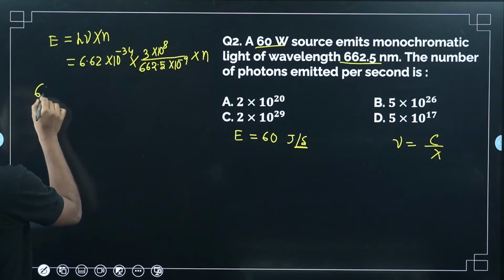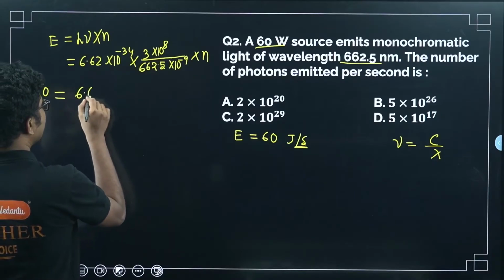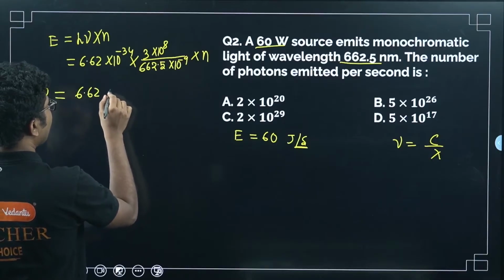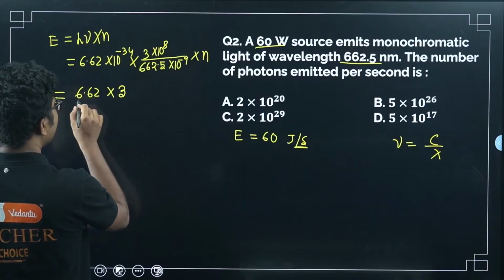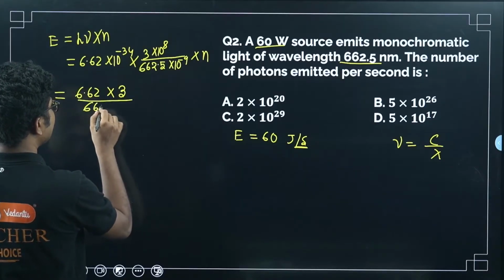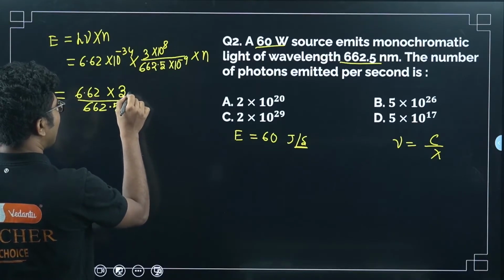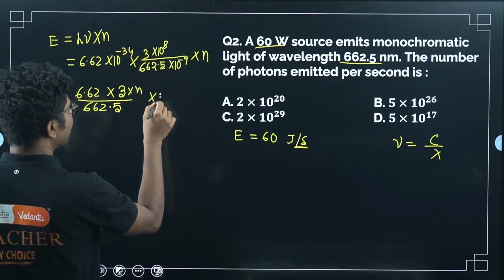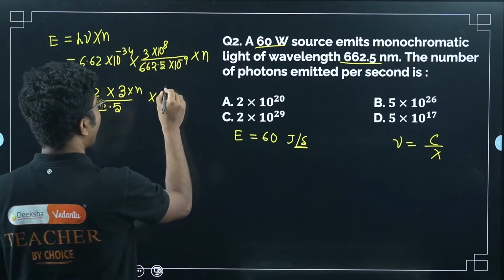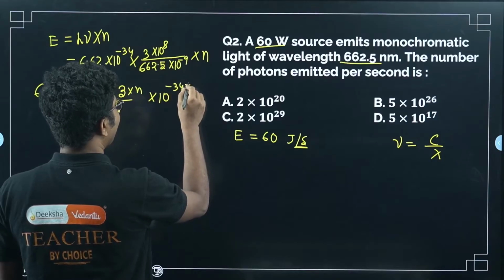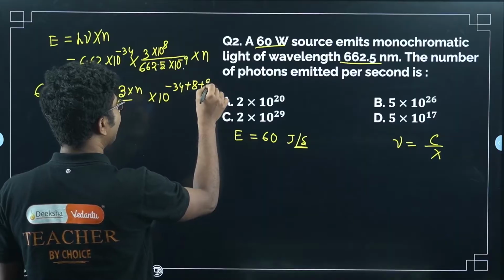So we can write on our left hand side 60 equals 6.62 times 3 divided by 662.5, times n times 10 to the power of minus 34 plus 8, and this was in the denominator, so it will go up and become plus.